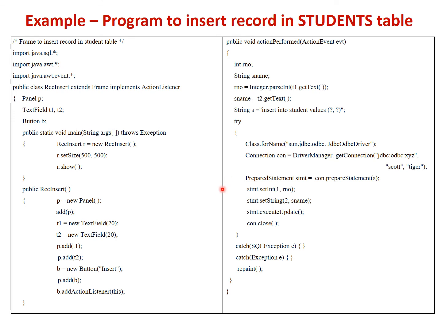After this we are assigning the value of rno by using the statement stmt.setInt(1, rno). Similarly, stmt.setString(2, sname), and then we call the executeUpdate method, which will submit the insert statement to the backend, that is the DBMS, and at the end we close it.